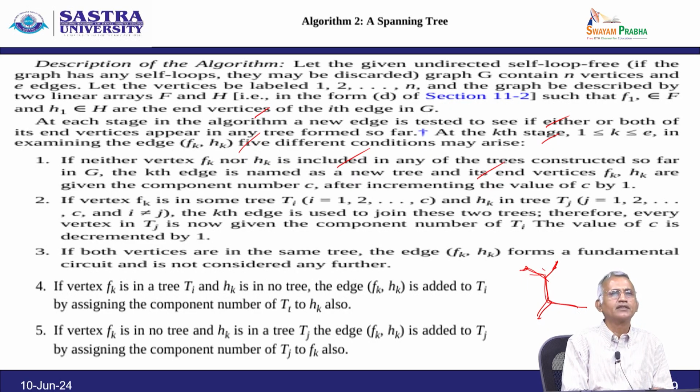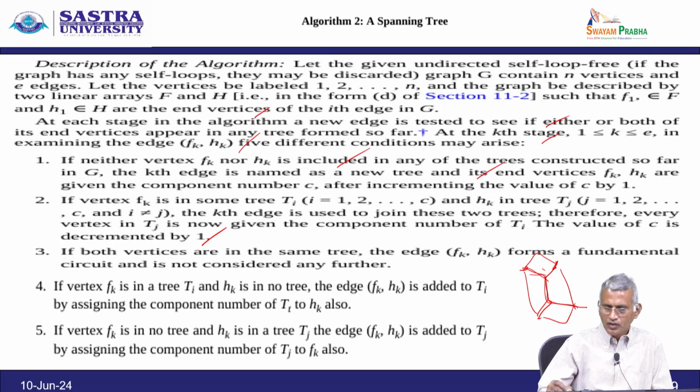If the vertex Fk is in some tree Ti, and Hk is in a tree Tj, the kth edge is used to join these two trees. Therefore, every vertex in Tj is now given the component number of Ti, and the value of c is decremented by 1. If both vertices are in the same tree, the edge Fk, Hk forms a fundamental circuit, and it is not considered any further.